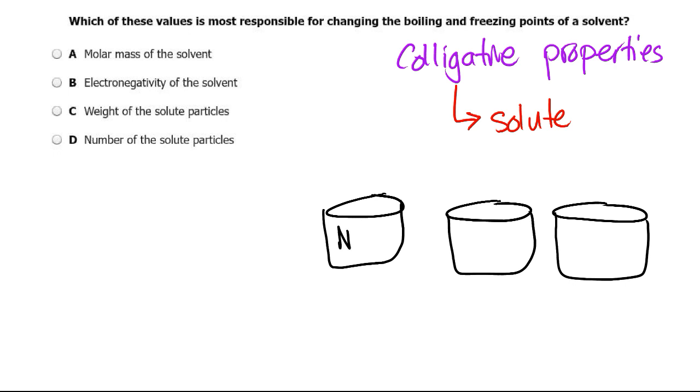You've got sodium chloride, magnesium chloride, and iron 3 nitrate. The way that you analyze how colligative properties with ionic substances affect the boiling and freezing point, as far as the biggest change, is based on the number of particles that the ionic solute has separated into. Sodium chloride separates into sodium and chloride.